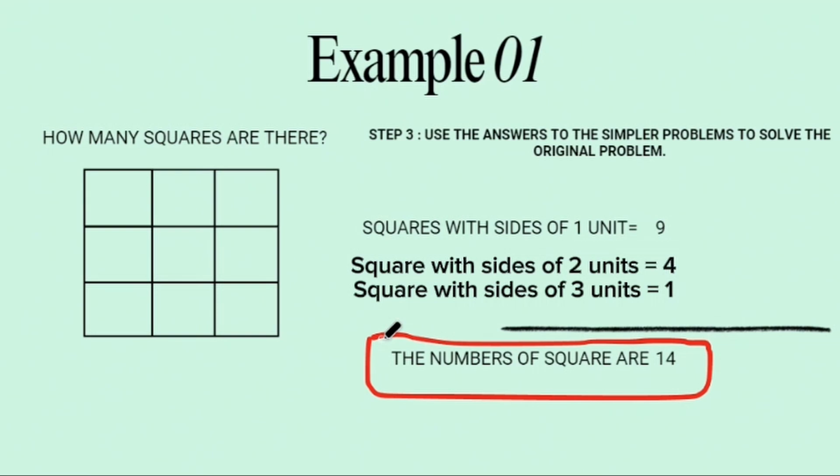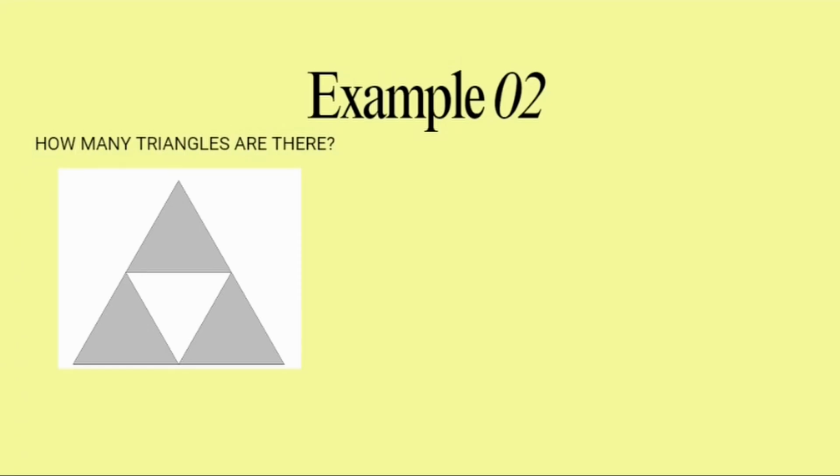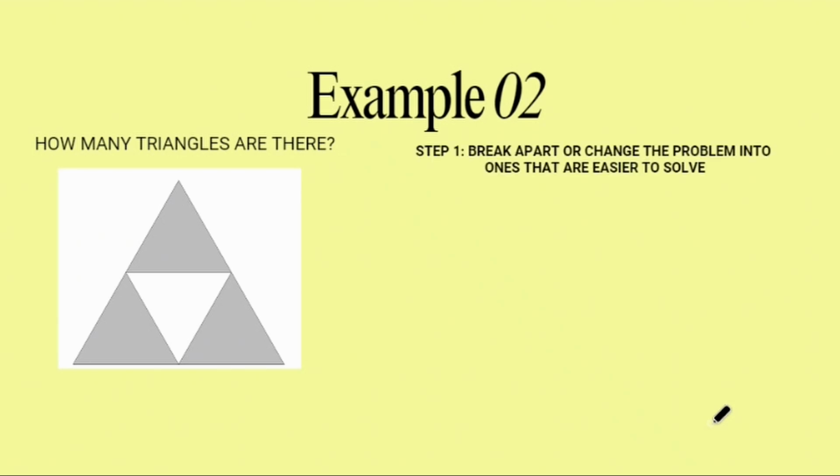So, let's have another example. In example 2, how many triangles are there? Triangles this time. So, in step 1, what will we do?